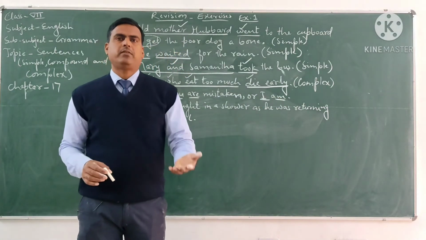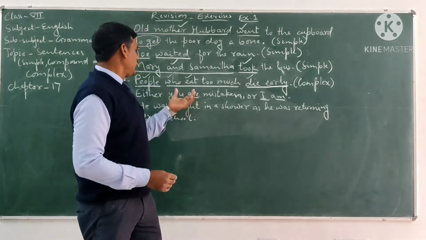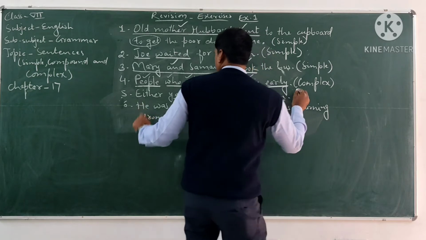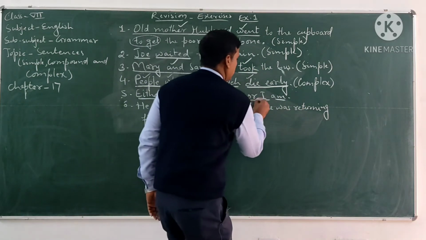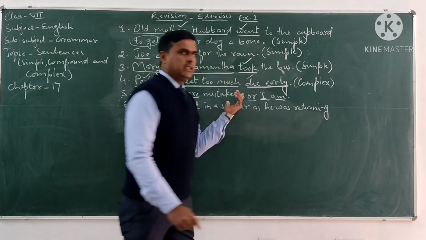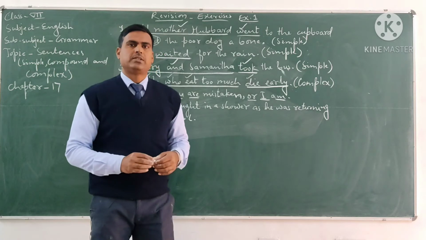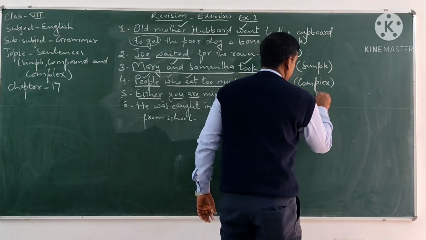We don't repeat the word of one clause in another clause. So this is a compound sentence. It is joined by the word either or. Either or, neither nor, these are also called correlative conjunctions. So this is a compound sentence.